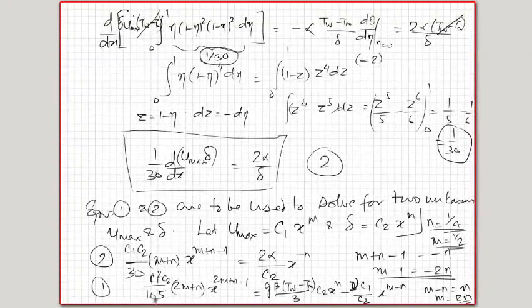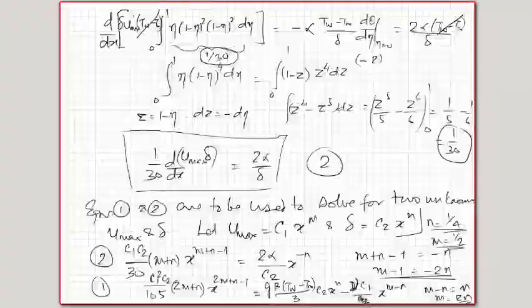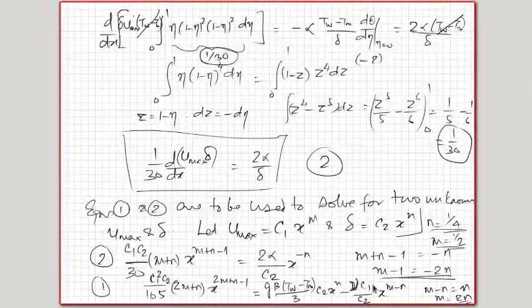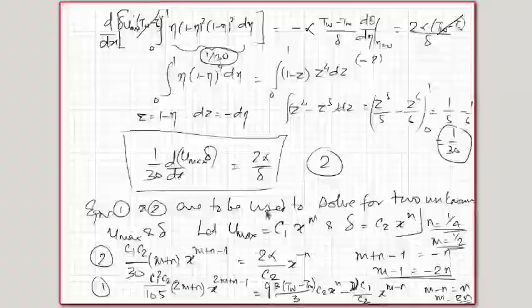Okay. So now what do I do? I divide the equation throughout by c2. So this c2 will disappear, this c2 will disappear. I'll get a 1 by c2 square here, and that 1 by c2 square I'll substitute from the other equation. Okay. So basically that is what I'm going to do now.